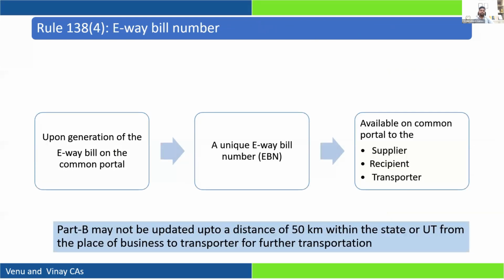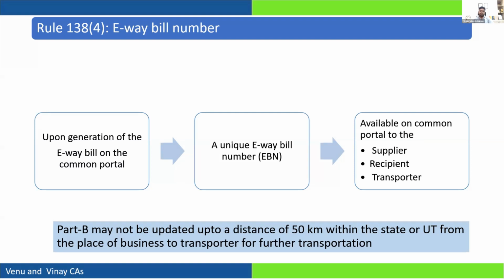So now coming to the e-way bill number. Upon generation of the e-way bill on the common portal, a unique number will be generated once Part A is filled, and it should be made available to the supplier, recipient, and the transporter. And the proviso to this sub-rule 4 says Part B is not required to be updated if the movement of the goods is up to 50 kilometers within the state from the business of the consignor to the transporter for further transportation.